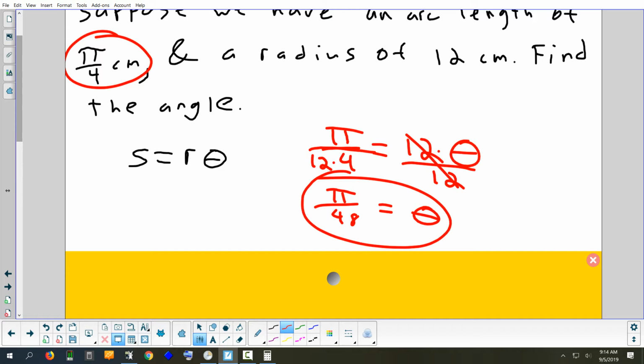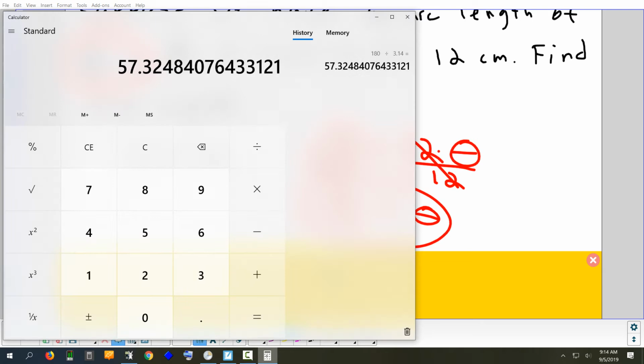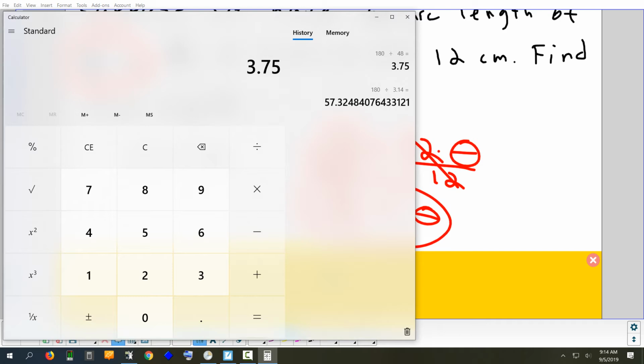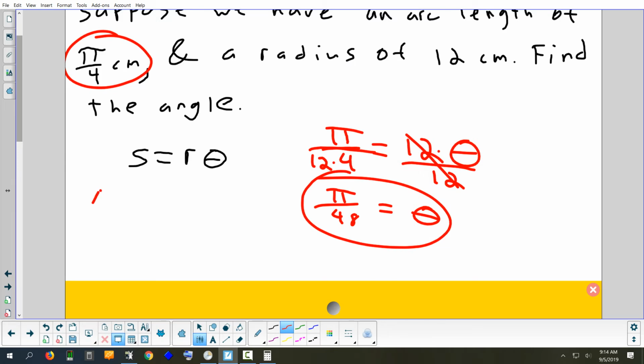Now, let's do something like this. Let's say this was a multiple choice question, and I gave you 3 choices: 12, 3.75, and pi over 48.